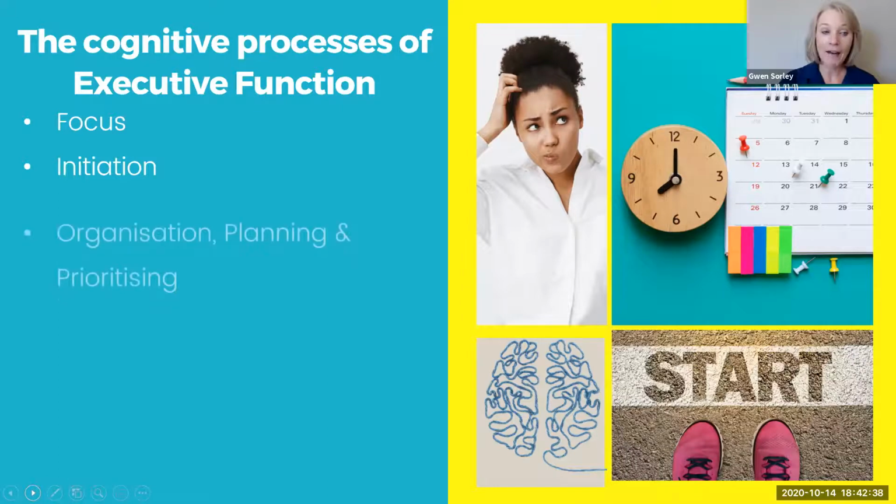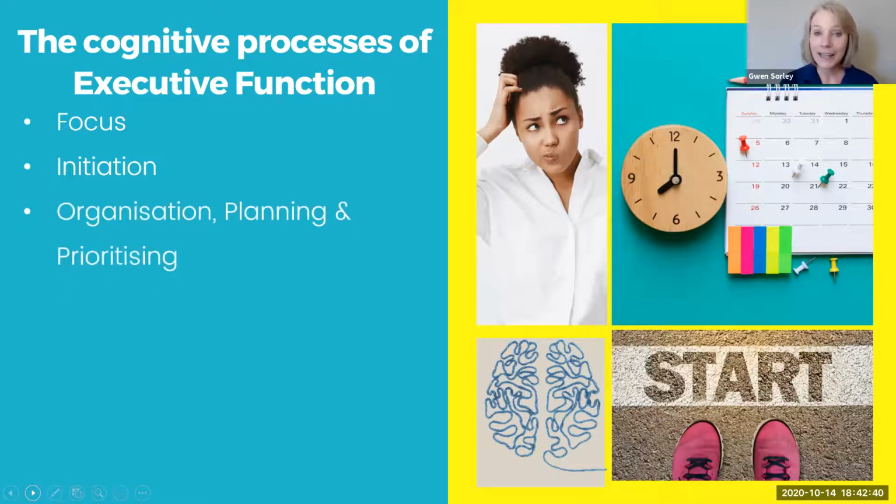Now, we also have organization and planning and prioritizing. So this is all part of executive function. So you may have a child who can tell you absolutely everything there is to know about the solar system, right? You ask your child a question about the solar system and they can explain it in detail. They have so much knowledge about the solar system.